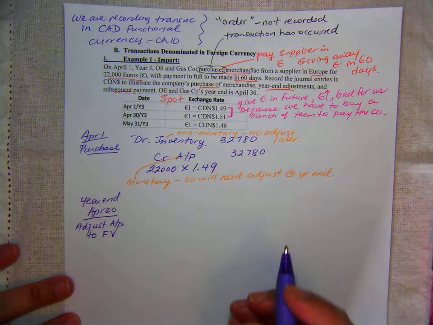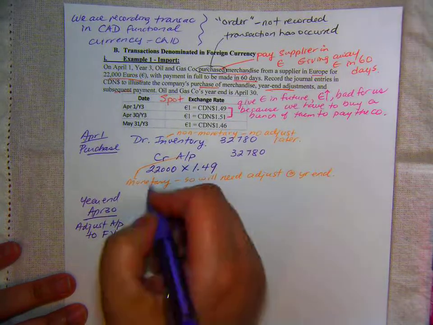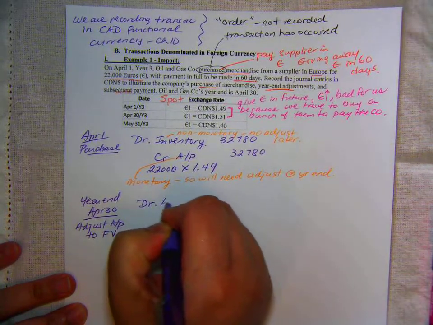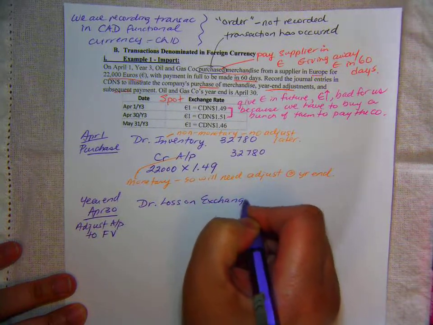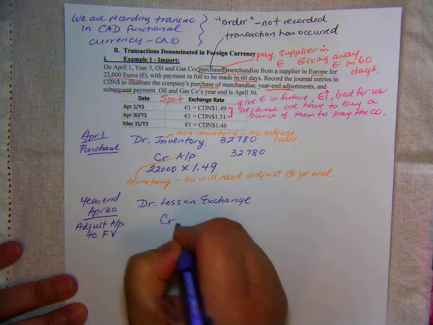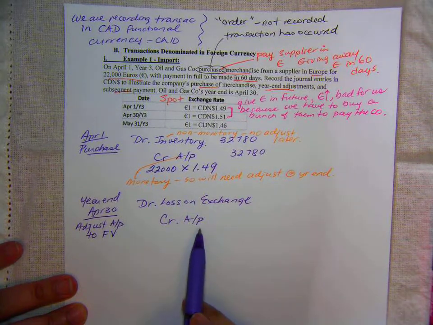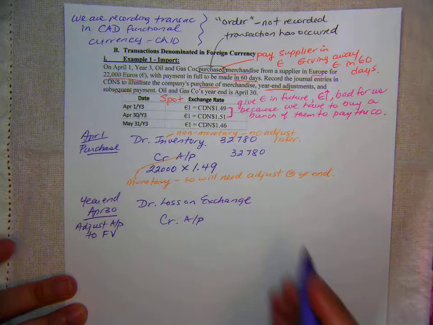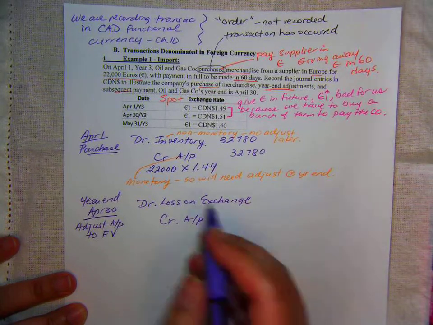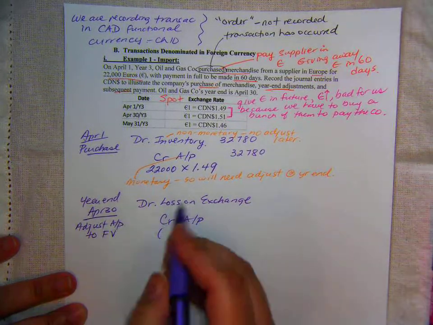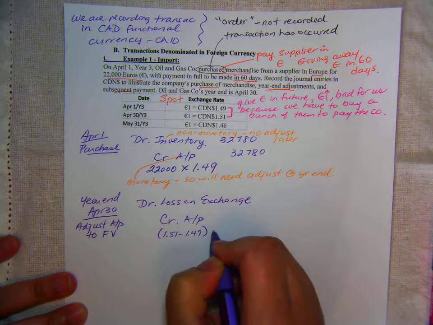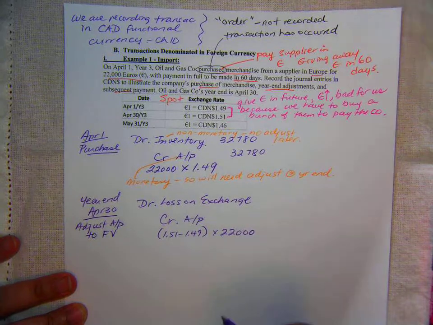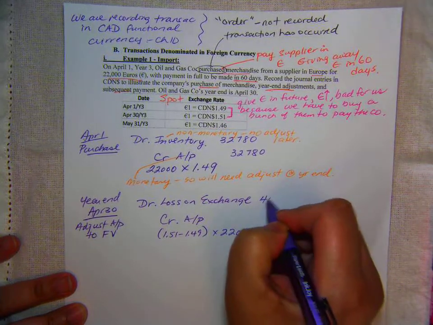That means we've got a loss. So we're going to debit loss on exchange and credit AP. Notice it's AP we're adjusting because it's monetary. We're not adjusting inventory. So we're just going to take the difference between the exchange rates: 1.51 minus 1.49 times 22,000. And that works out to 440.